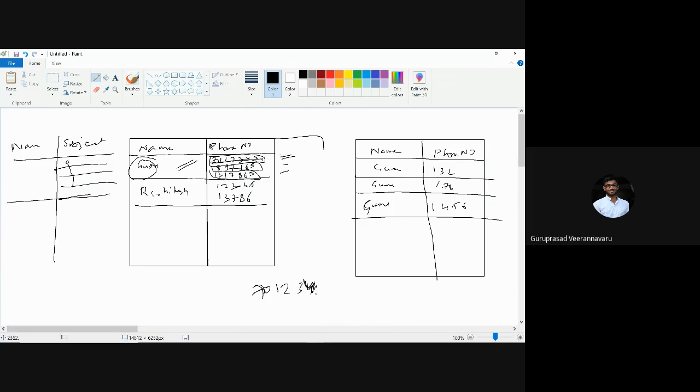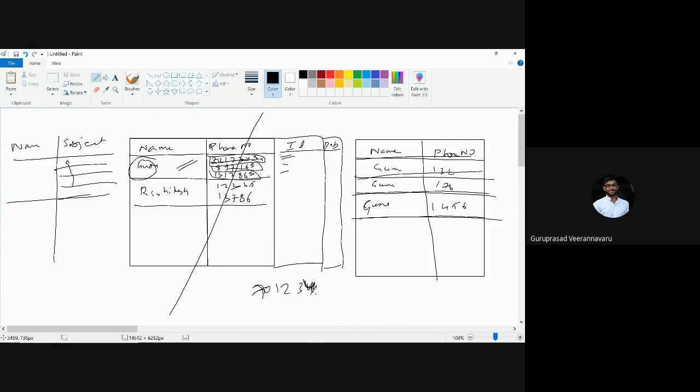Let's say you also had an ID and date of birth. Then you take out the phone number column from here and make a separate table with one row for each phone number that I have.